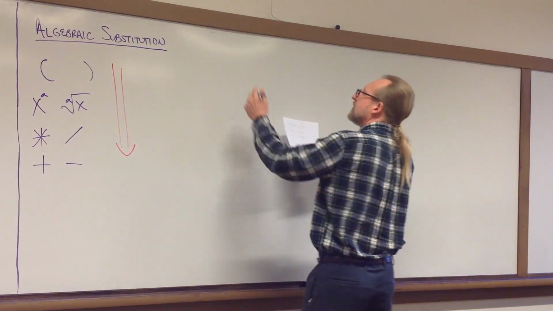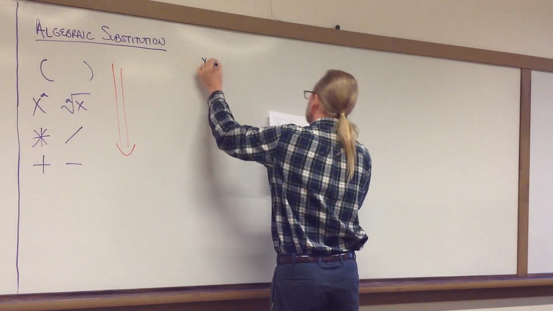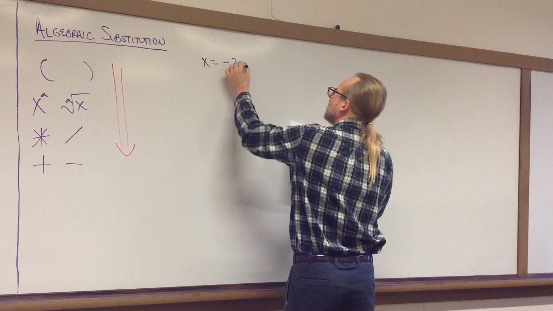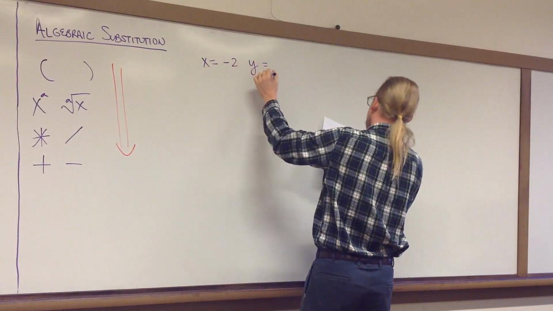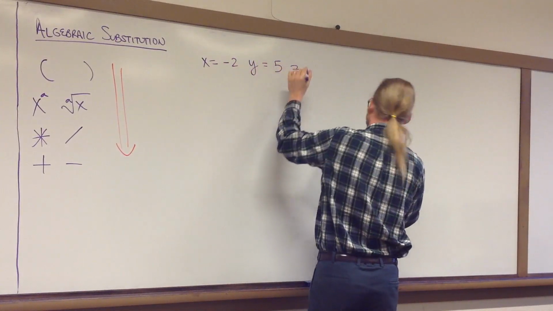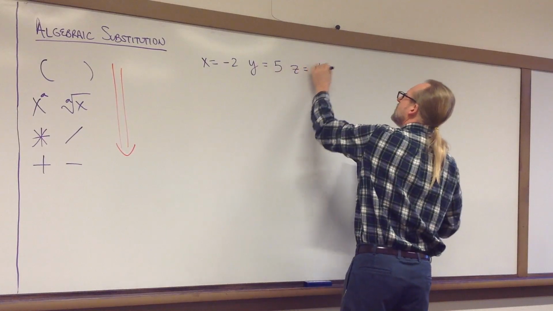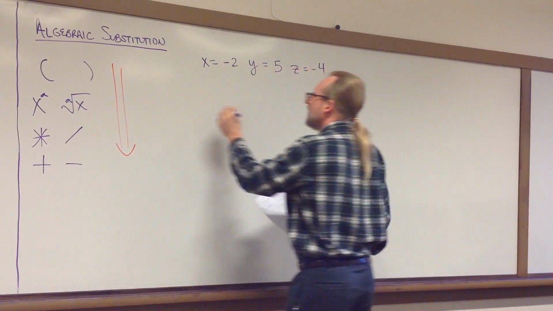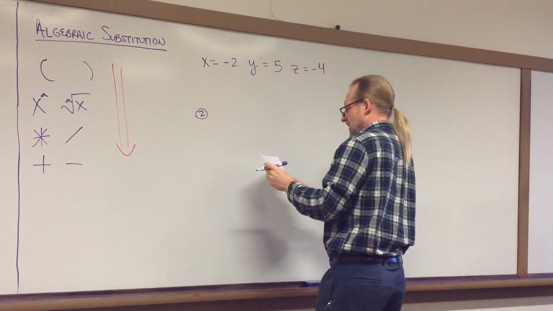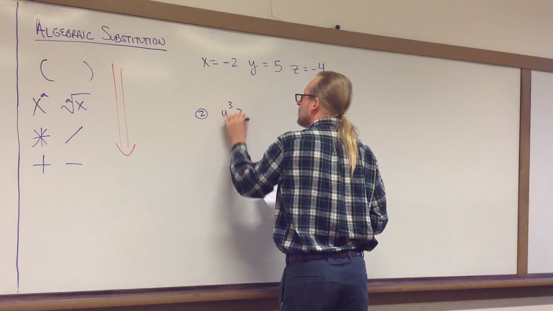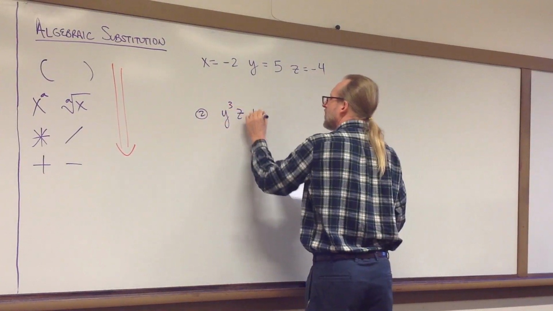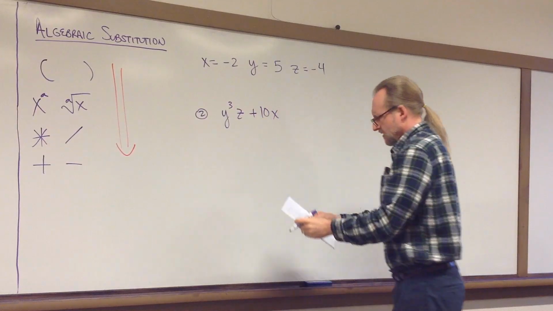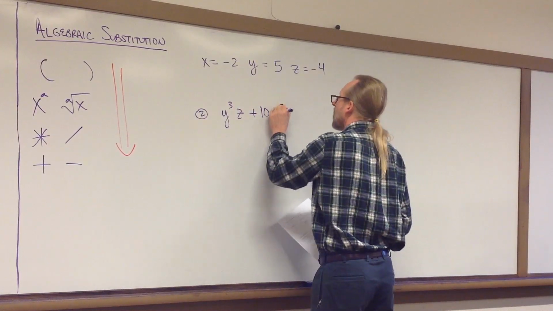On the handout, in the first section, we've got values for x is -2, y is equal to 5, and z is equal to -4. In problem 2, we want to calculate y cubed z plus 10x to the 5th power.